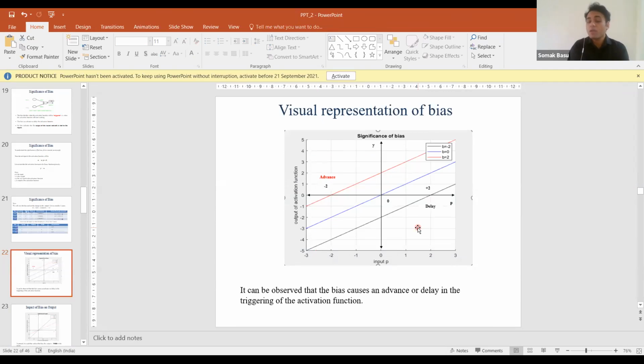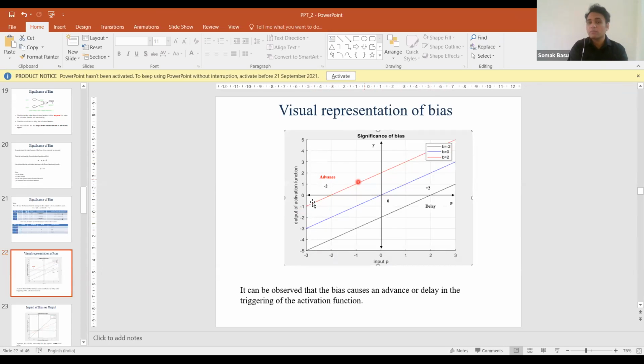For example, in case the value of bias is 0, then the linear activation function passes through the origin. In case the bias is minus 2, the graph shifts over here.